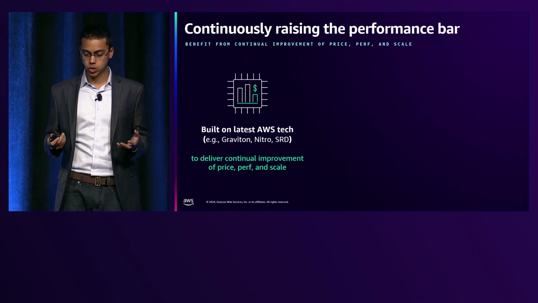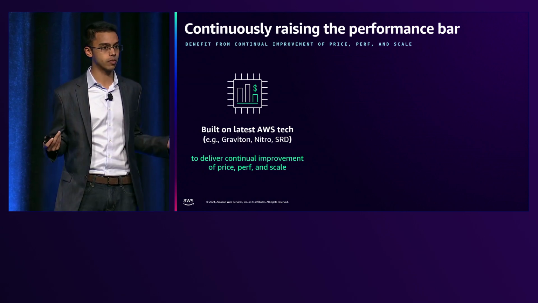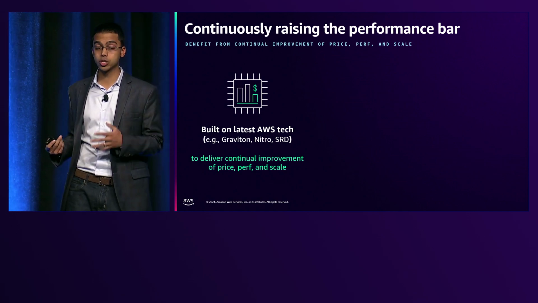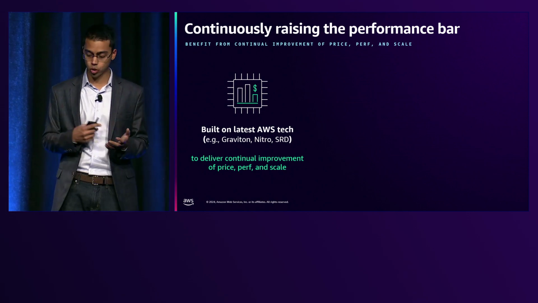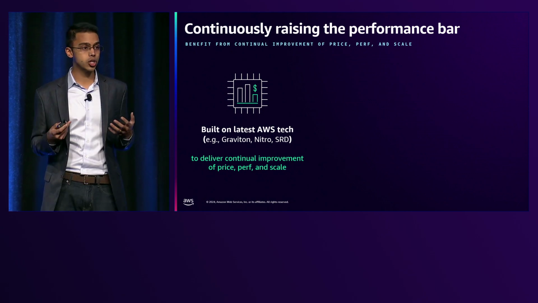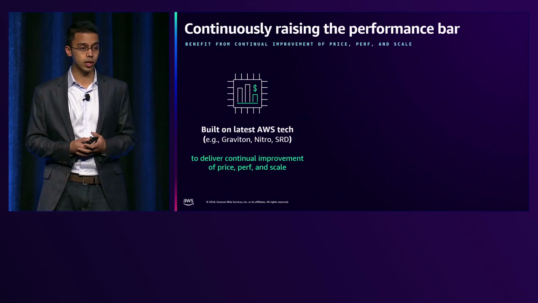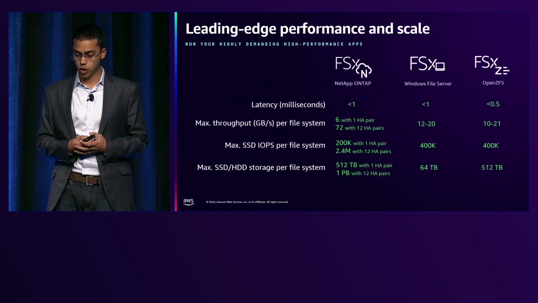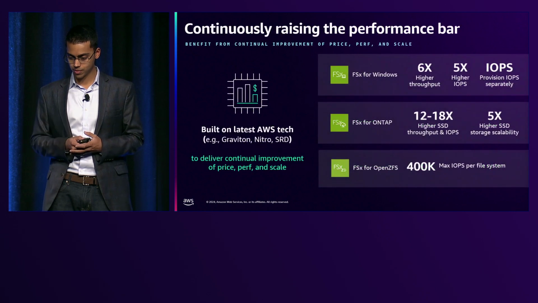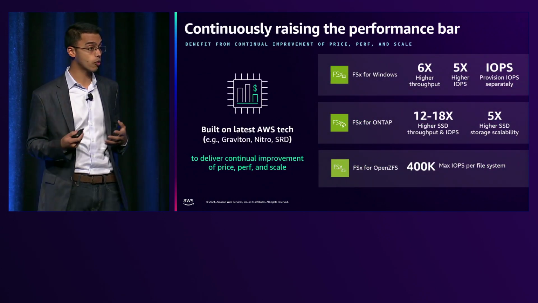So with FSx, we're continuously raising the performance bar across our service family. We're built on the latest generation innovations across AWS, across storage, across networking, across compute. And these innovations have helped us deliver some incredible increases in performance scalability. So on the right side, you can see how we've raised performance limits across the board over the last year.